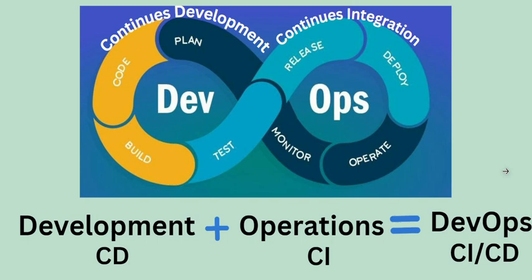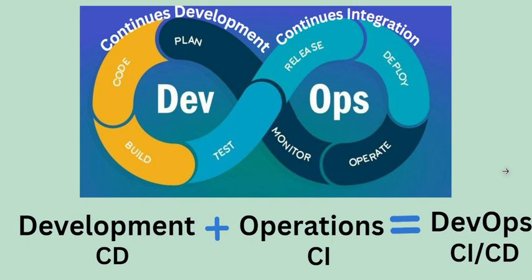Then it goes to release, where we think about our code being ready to use in the operational environment or the real environment. In case of deploy, we push the code or the executables into the production environment.